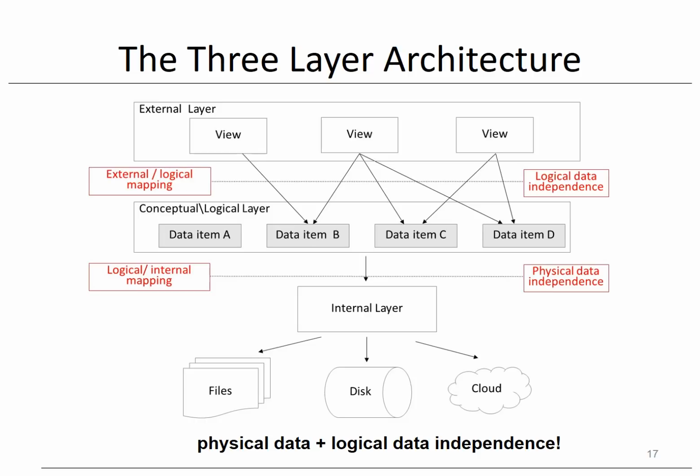The three-layer architecture is an essential element of every database application and describes how the different underlying data models are related. You can see it illustrated here. Let's start with the conceptual logical layer. Here, we have the conceptual and logical data models.